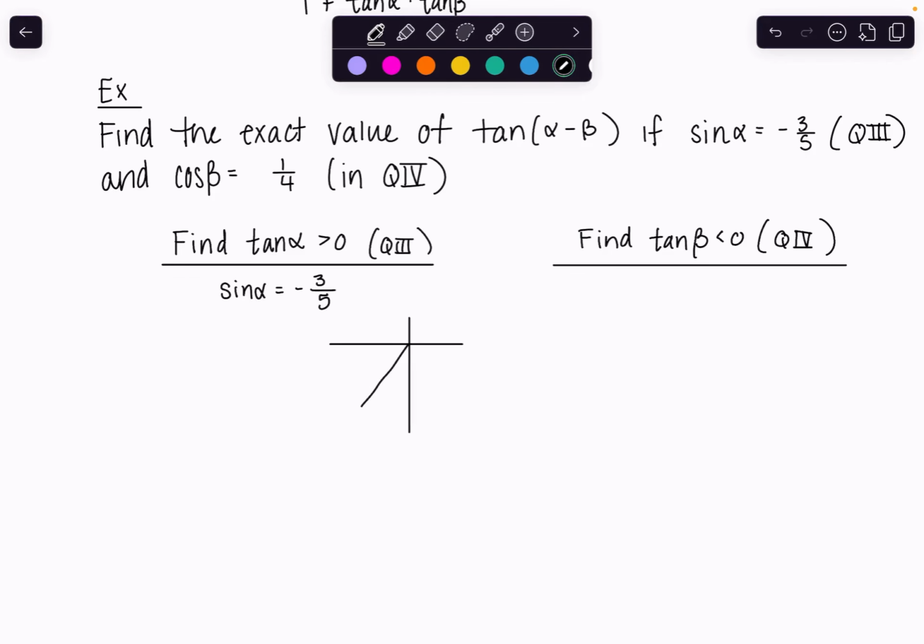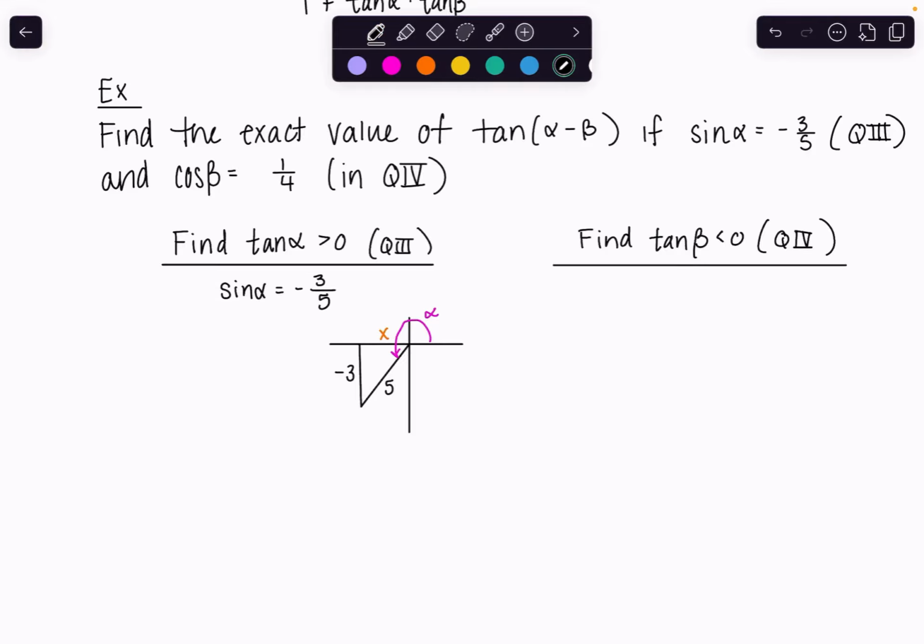But we're in quadrant 3, so our angle is somewhere down here. So alpha would be this full distance around. So sine alpha is negative 3/5. That tells us the y value is negative 3. The hypotenuse is 5. And the only thing we're missing is what is x.